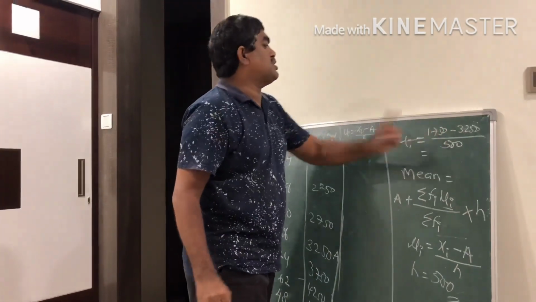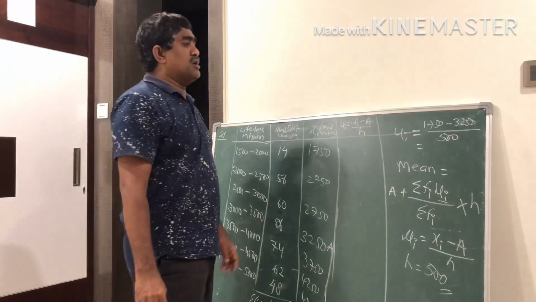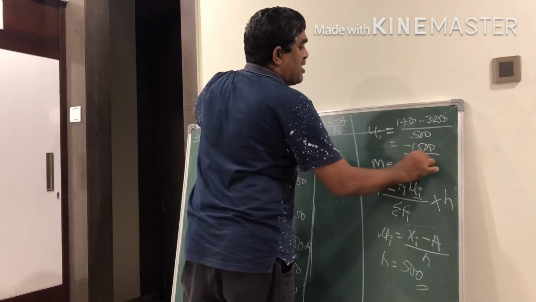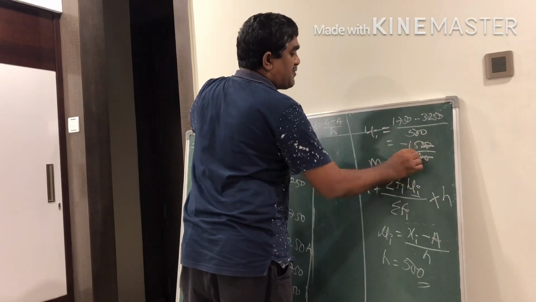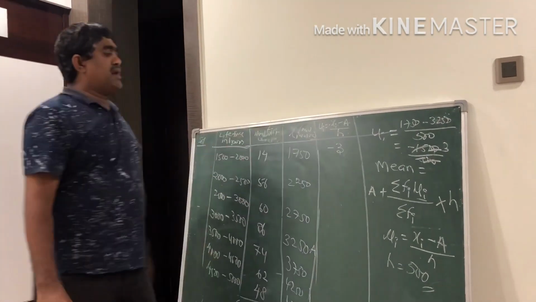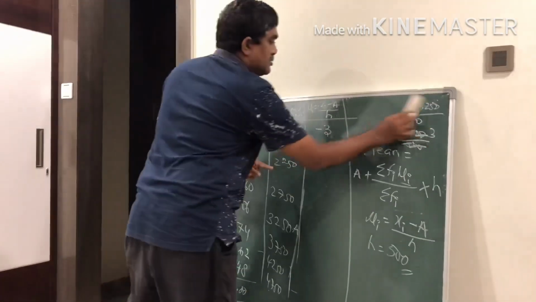So 1750 minus 3250 is minus 1500, by 500. Zeros cancel, 5 into 3 is 15. How much is it? Minus 3.